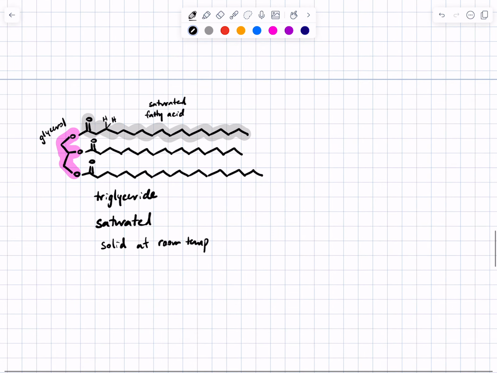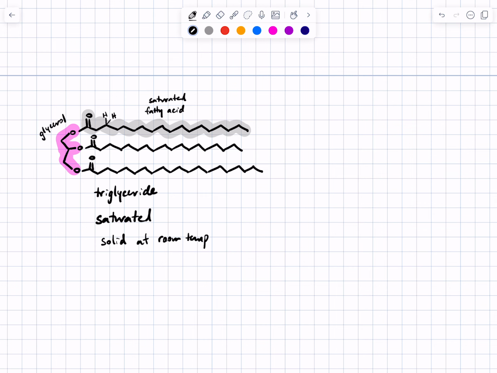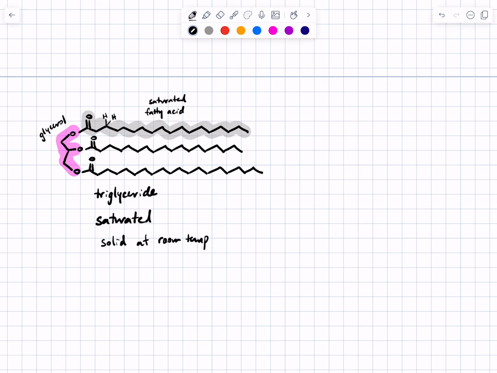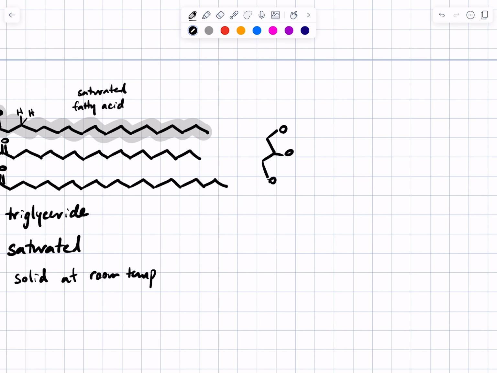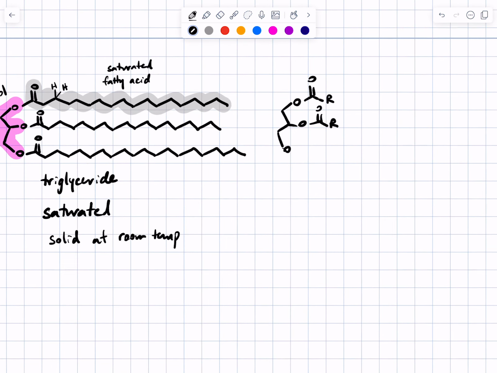Now, you've heard the term unsaturated fatty acid before, so we want to talk about what that looks like. Let's see, if you'll give me a second, we can draw it. I'm going to repeat the glycerol portion of this molecule. I'm going to make our lives a little bit easier just by putting R groups there. I won't draw two of the three fatty acids, but I will draw this one.